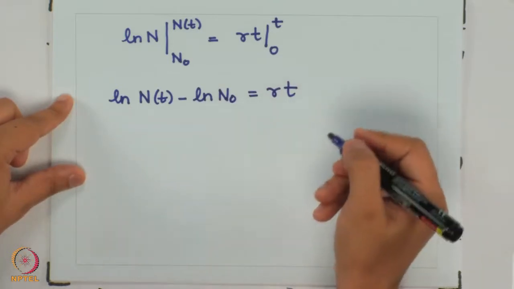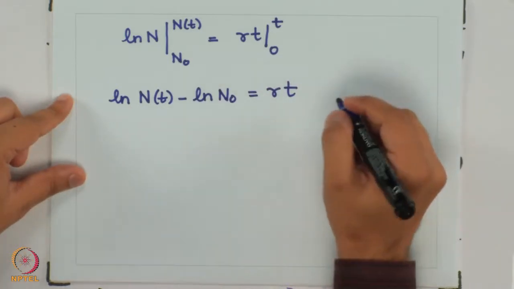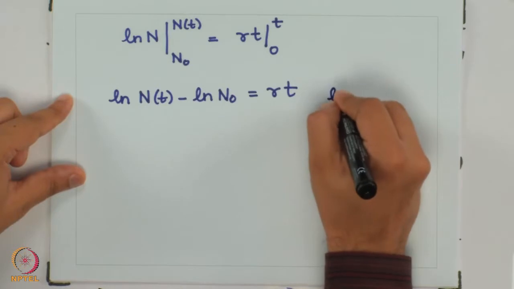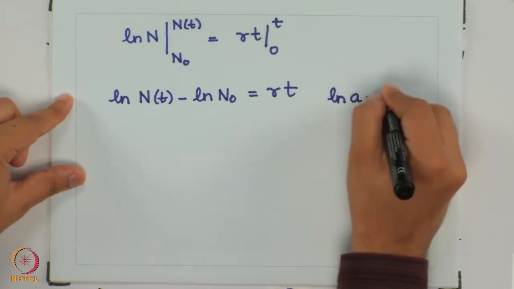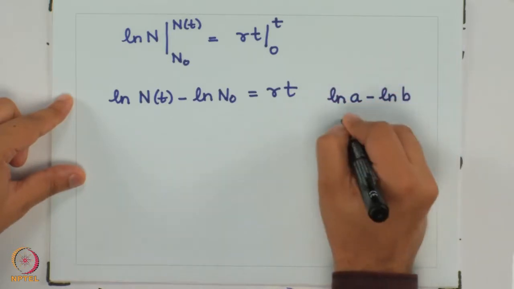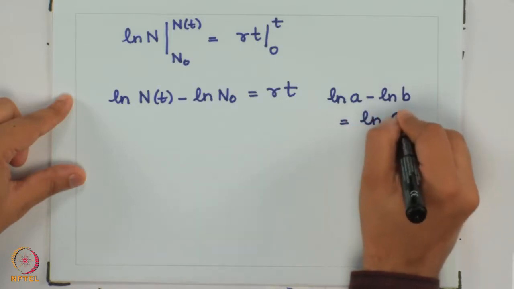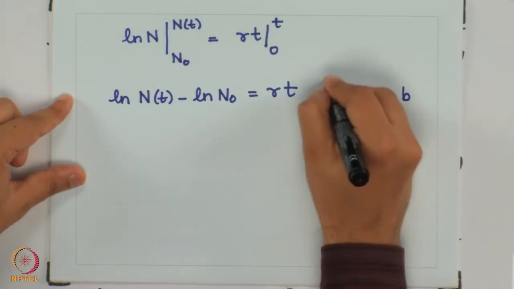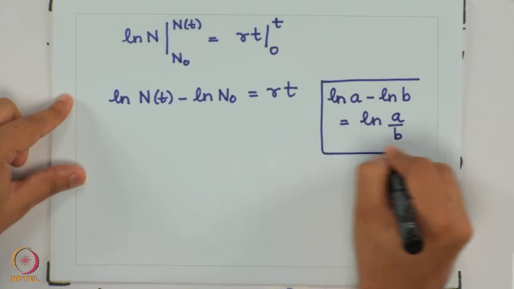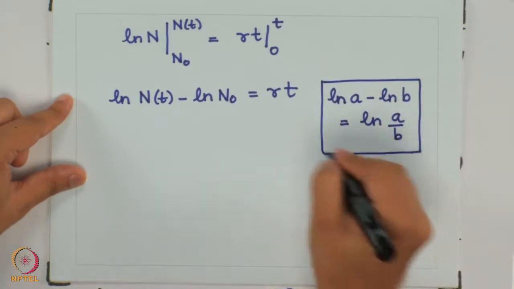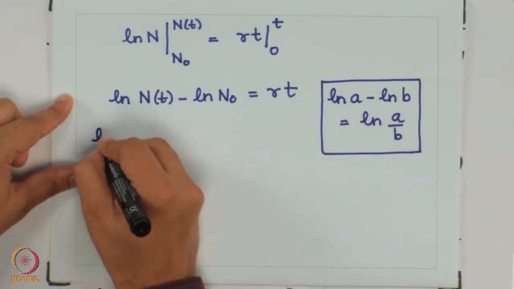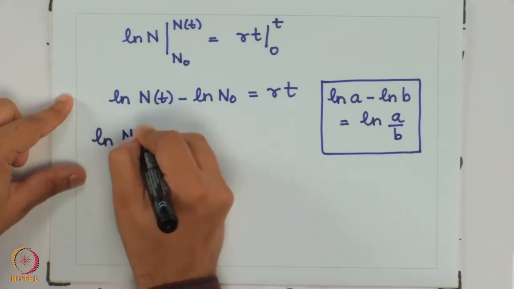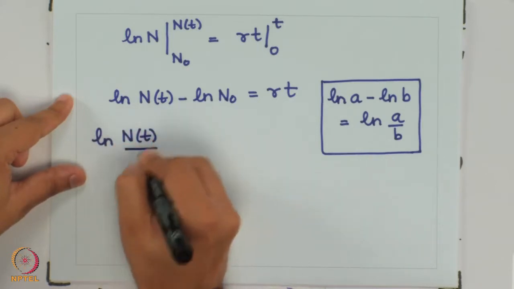I am going to use a very basic result from logarithms, which is that ln of a minus ln of b can be written as ln of a by b.